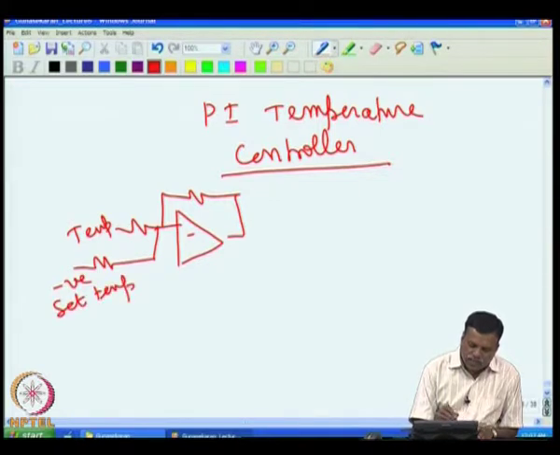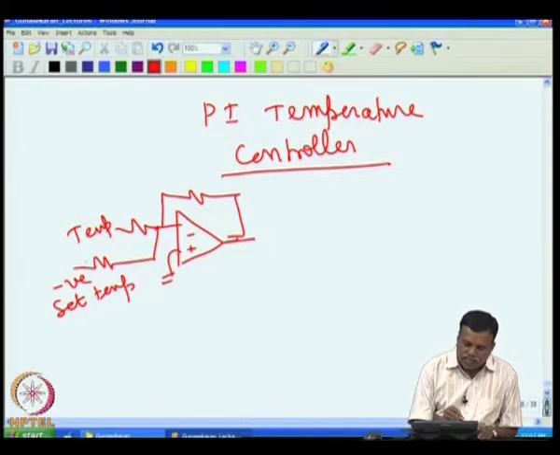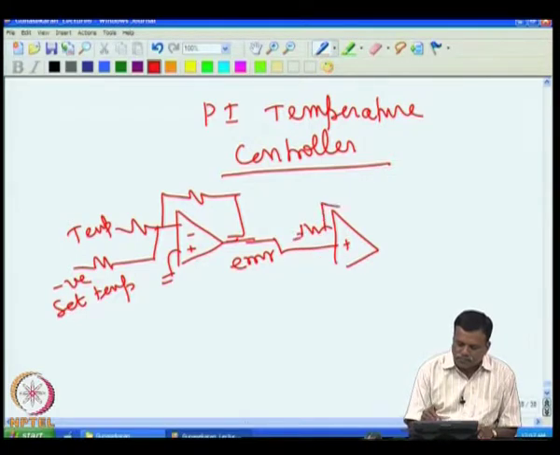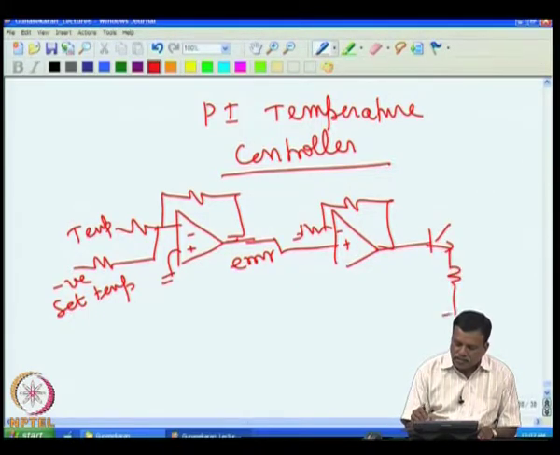So, we got the difference between the set temperature and the actual temperature. This difference is called error voltage. Error voltage is amplified by gain times, and then that was driving the heater. This is what we have done for the proportional controller.